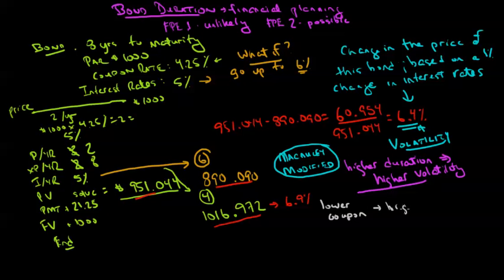It's going to have a higher duration, and also a bond with a longer term to maturity or a longer term to call is also going to have a higher duration.